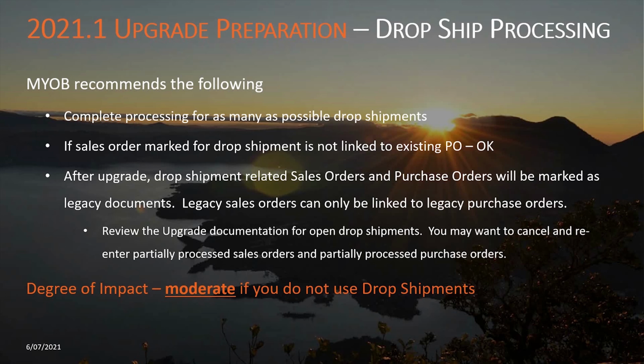After the upgrade, the drop shipments relating to sales orders and purchase orders will be marked as legacy documents, and they can only be linked to other ones. So what you can do is drop the drop shipment, so to speak, and then re-establish it after the upgrade is done. Again, it's good to get a sandbox so you can see what actually happens here, and it's good to read over the notes prior to this.